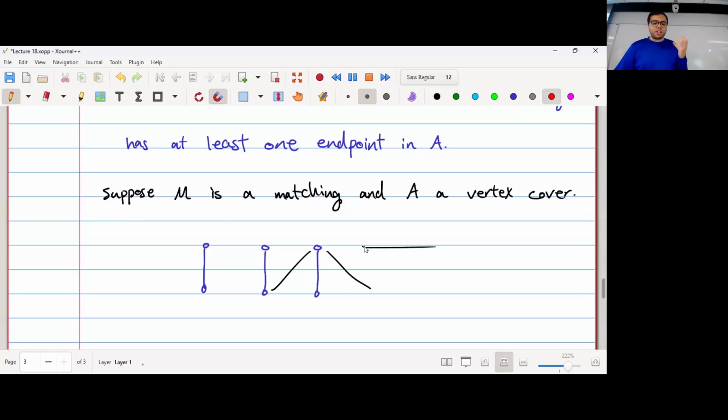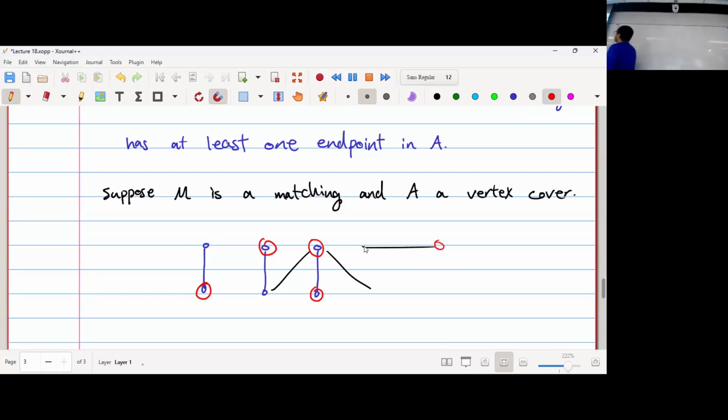So no matter how I choose my vertex cover, since it has to cover every edge, it has to contain either this vertex or this vertex. So any vertex cover is going to contain at least one of these two, maybe both of them, but at least one of them, right? Maybe it also contains some vertices outside.